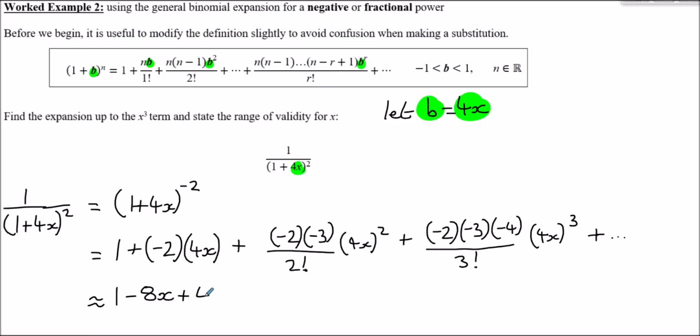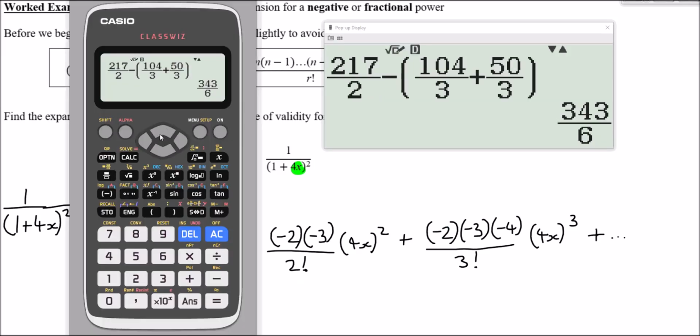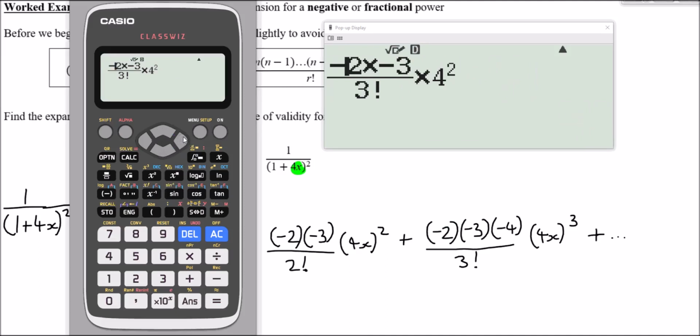And the last one, minus 2 times minus 3 times minus 4, we can just adapt what we have at the top. So times again by another negative 4. All of that now is under 3 factorial, like so. But now it's going to be times by 4 cubed.